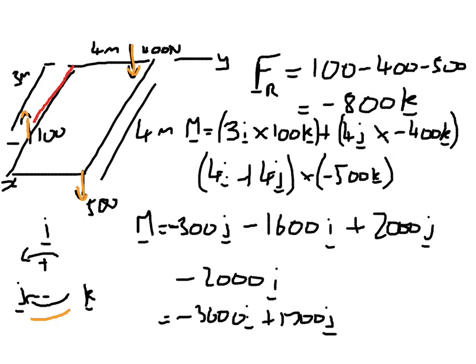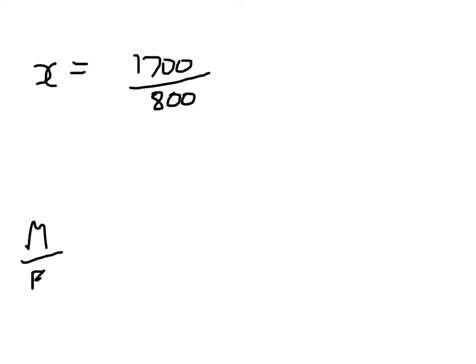So our x-coordinate is going to be our moment about y, i.e. our 1700j, divided by the force itself, which will give us a distance. So we're doing moment over force equals distance in terms of scalar, but we're breaking it down to find an x-coordinate and a y-coordinate.